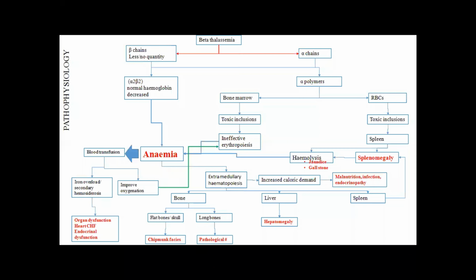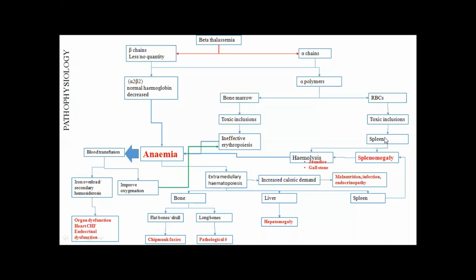Two things happen because of this. First, there is destruction of RBCs, meaning hemolysis. So the patient will present with jaundice, and chronically they can present with pigment gallstones. And if there is hemolysis, it will produce anemia. Second, the spleen is working more than expected.